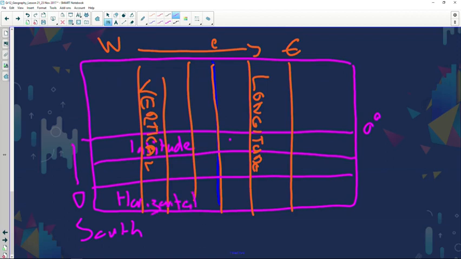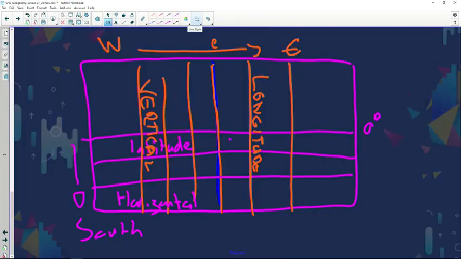Now, this is a tip I can give you. When you write your Mapwork paper, you're going to get a topographical map representing a town or city in South Africa. If you look at where South Africa is on the world map, we are south of the equator, and we are east of the Greenwich.